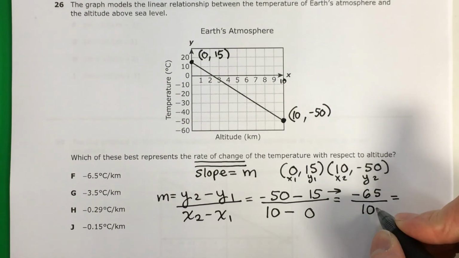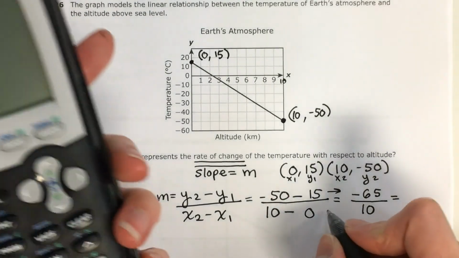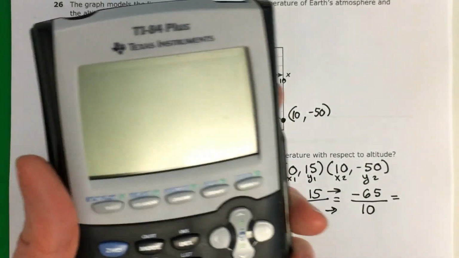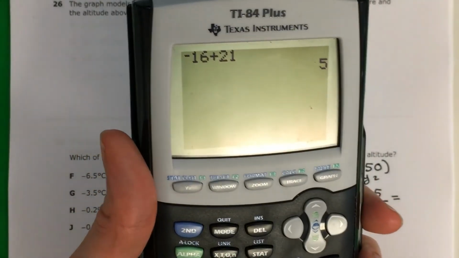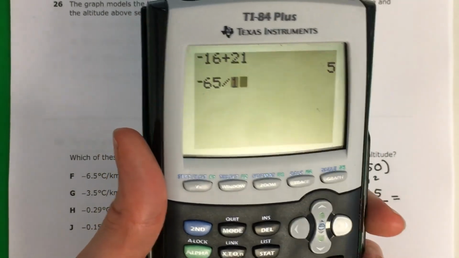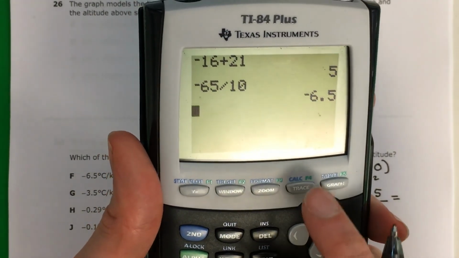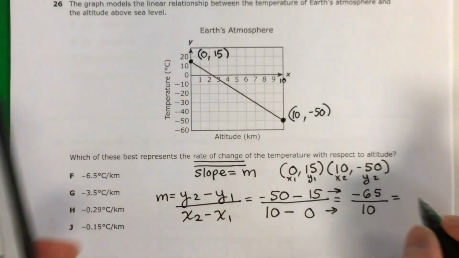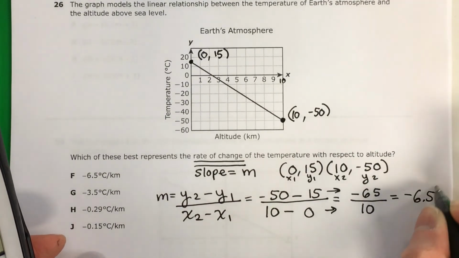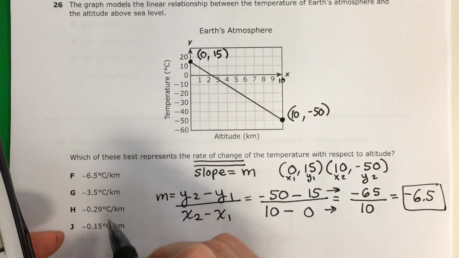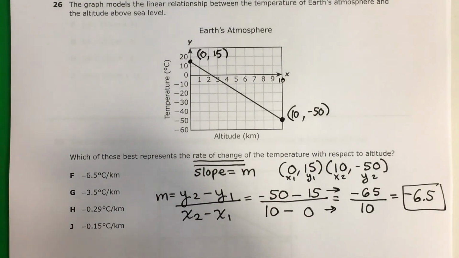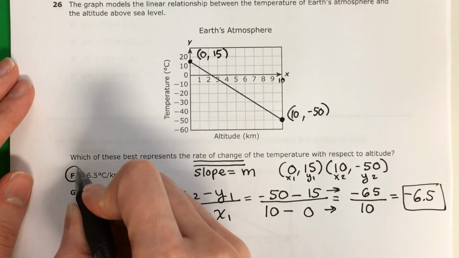So let's put negative 65 divided by 10. And that's negative 6.5. Let's keep it decimal because all my answers are decimals. And the answer is F.